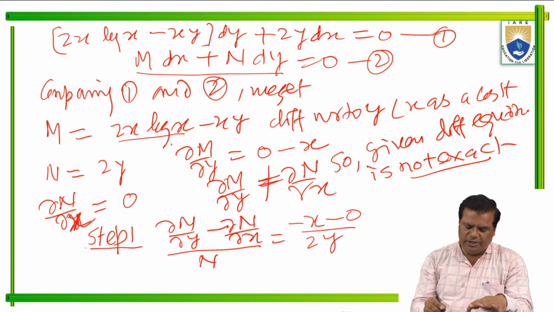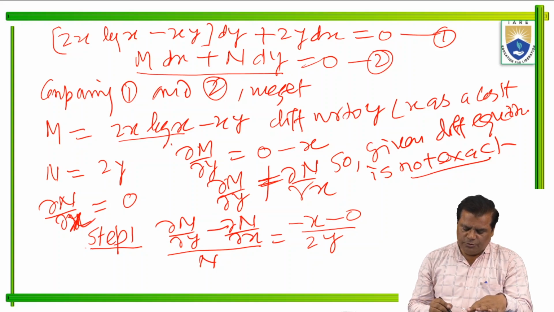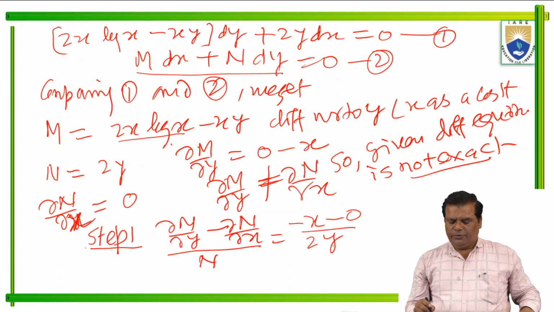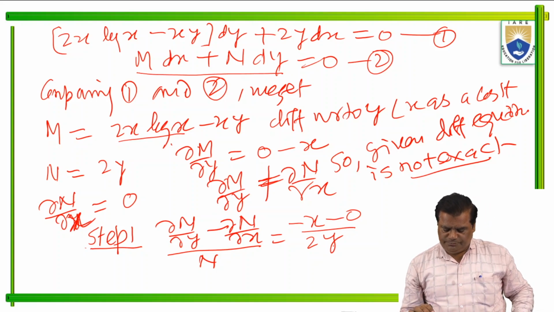Here there is not x, only y, so 0. So del m over del y minus del n over del x, where del m over del y is minus x and del n over del x is 0, upon n which is only 2y. So this is not only x. This should be a function of x only.